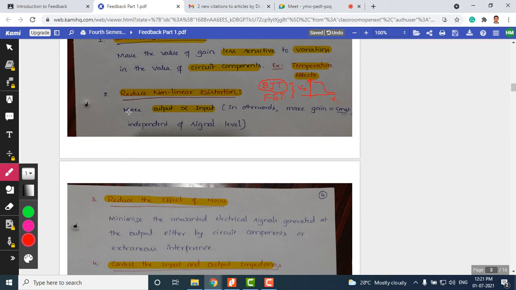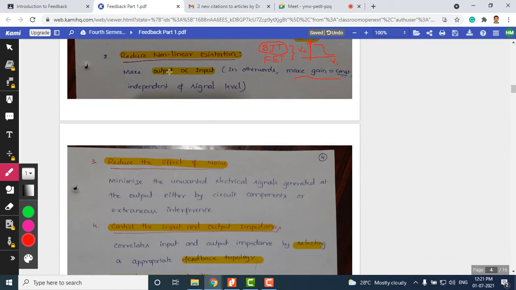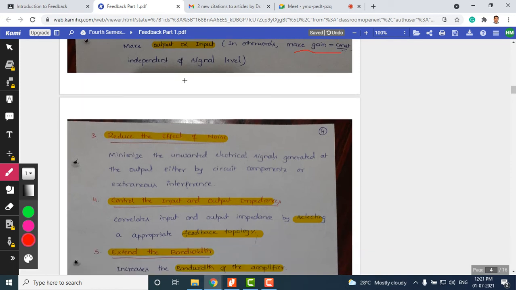Let us look at the formal definition: making the output proportional to the input is linear. In other words, making the gain constant, or independent of the signal level, is nothing but reduction of the nonlinear distortion. This can be easily done by employing negative feedback.